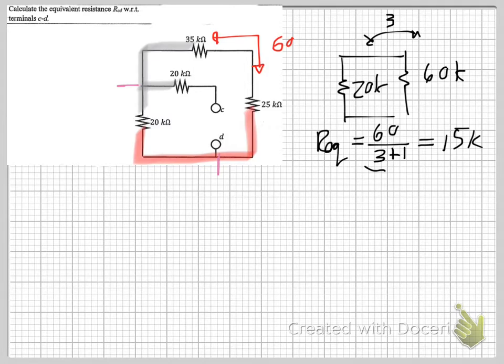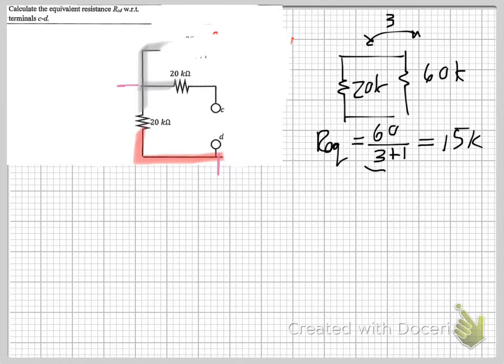So after doing all of that, this reduces our circuit even further to the point that that is gone, and this is 15.